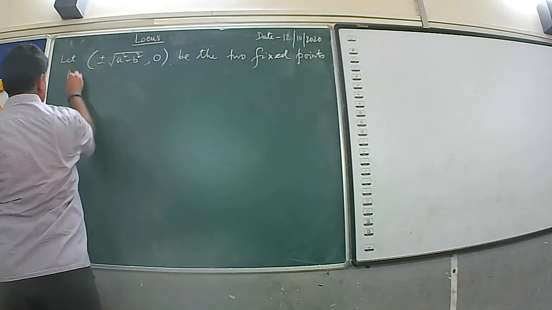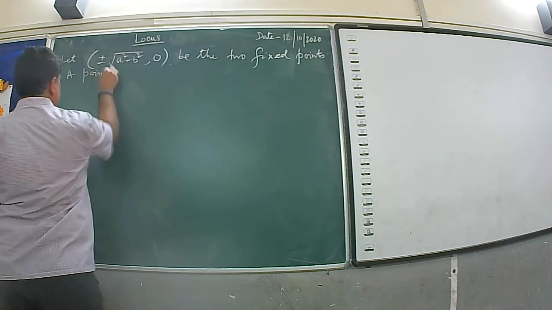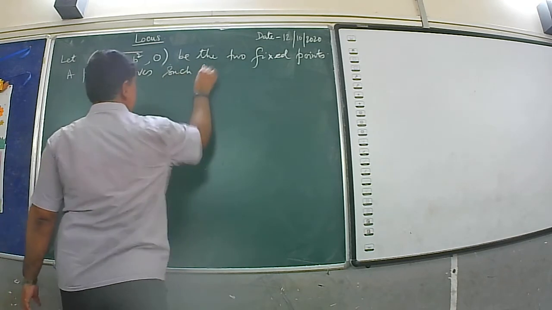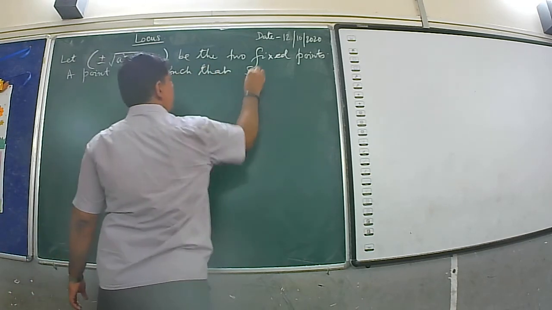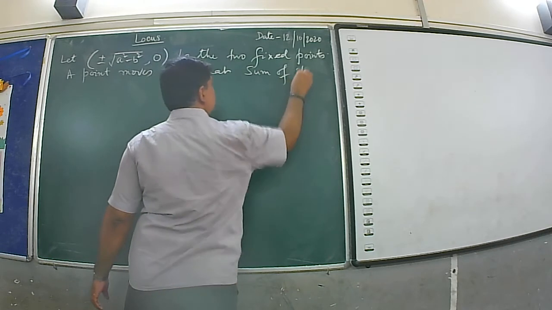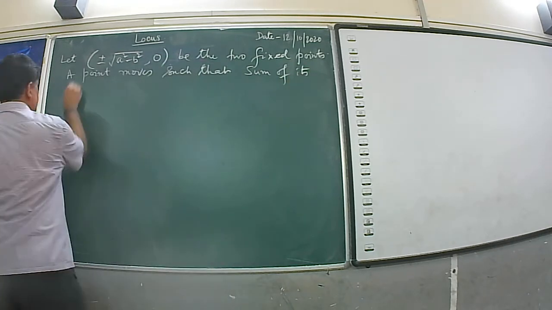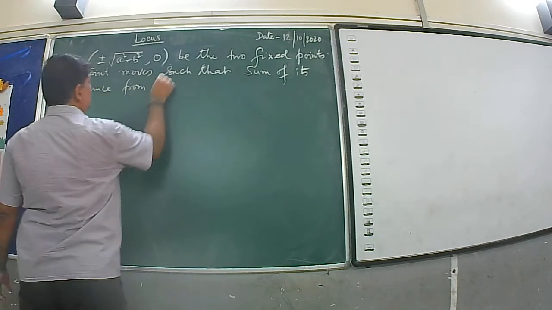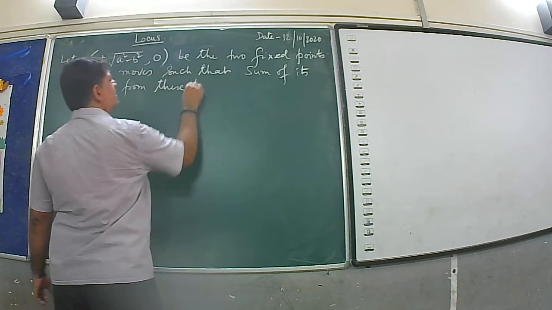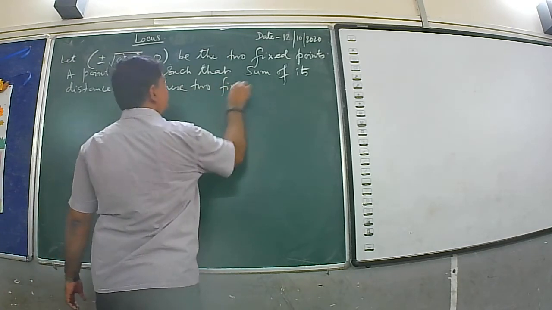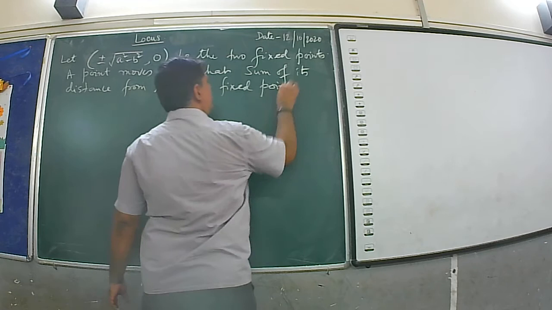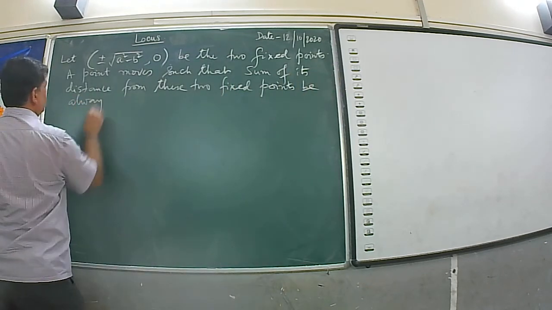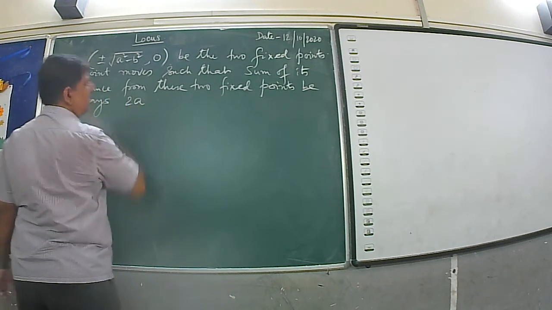A point moves such that the sum of its distances from these two fixed points be always 2a units.